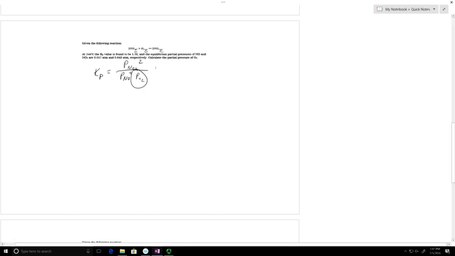I'm going to multiply both sides by the partial pressure of oxygen. So we end up with Kp times the partial of oxygen is equal to the partial of NO2 squared over the partial pressure of NO squared.